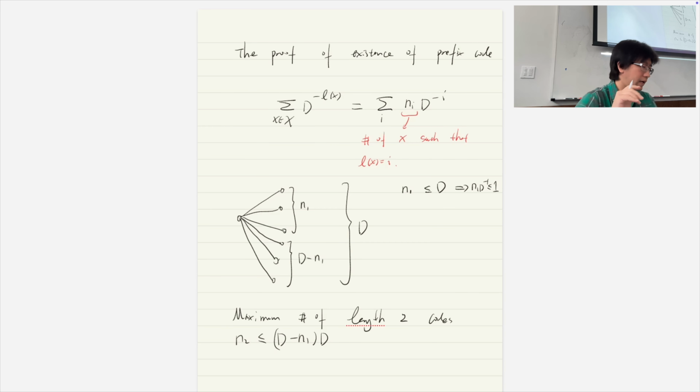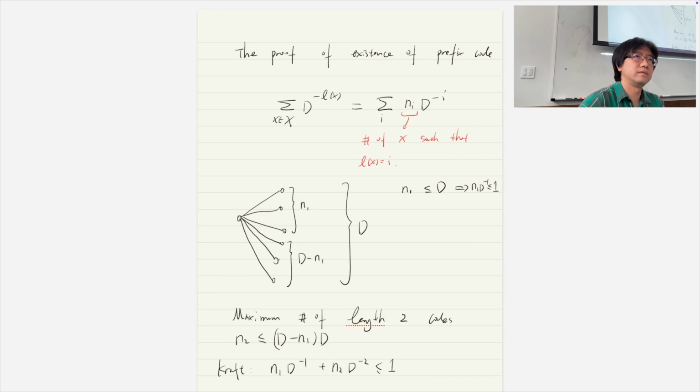Okay, so now let's check whether this satisfies the Kraft inequality or not. Let's write down the Kraft inequality. It tells you that n1 times D^-1 plus n2 times D^-2 is less than or equal to 1.